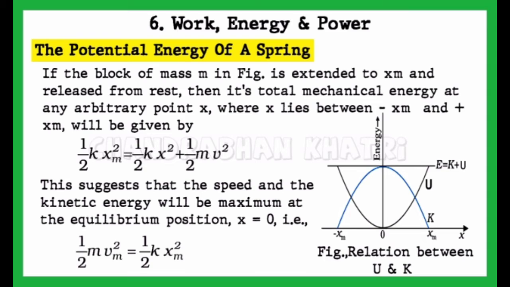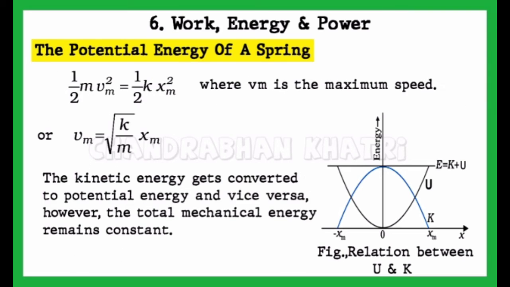This suggests that the speed and the kinetic energy will be maximum at the equilibrium position x equals 0. That is, half m vm square is equal to half kxm square, where vm is the maximum speed, or vm equals under root of k upon m into xm.